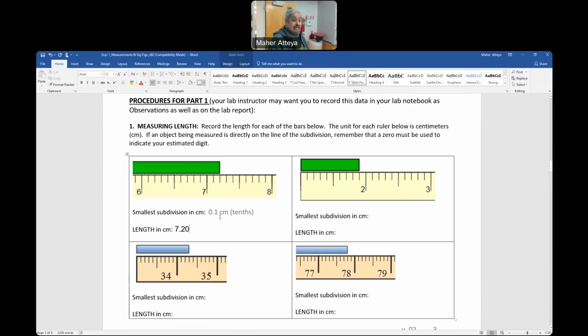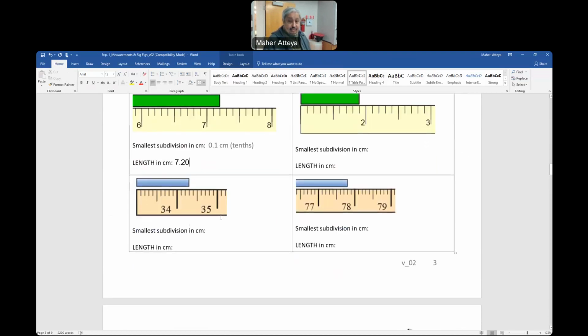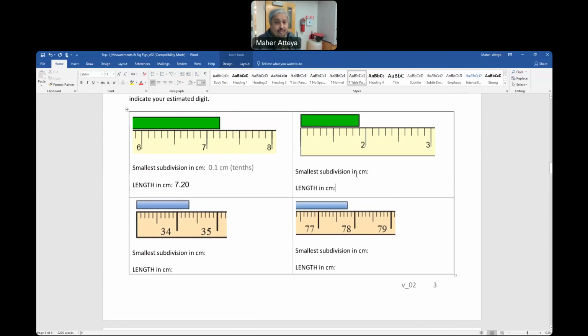Okay, guys, let's look at the second one. I'm doing this for you, and then the rest you can do in the lab period. So let's go for the second one. How much is here? 1 point what? 1.90, okay.